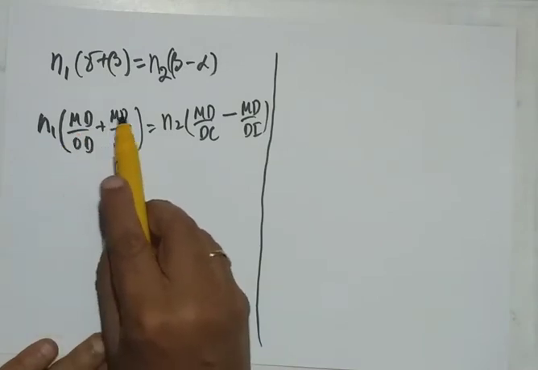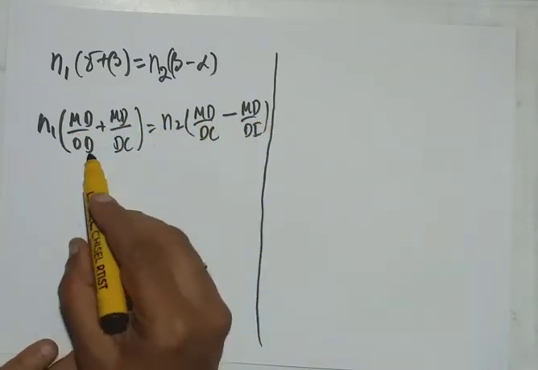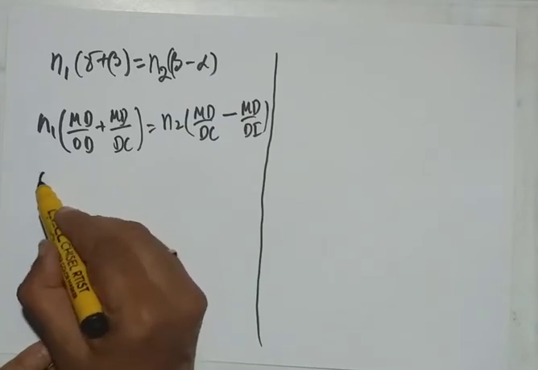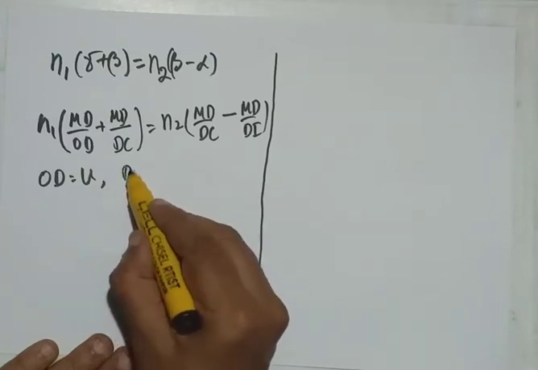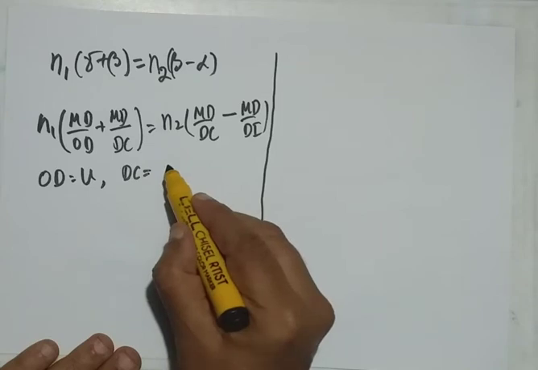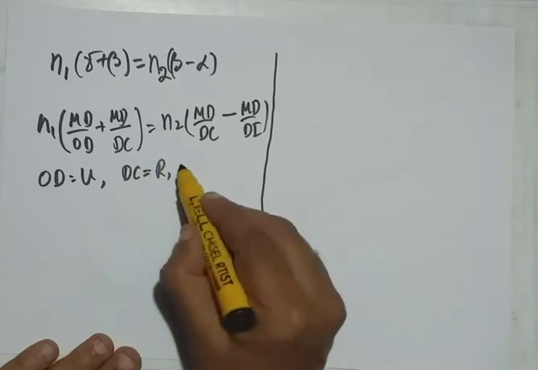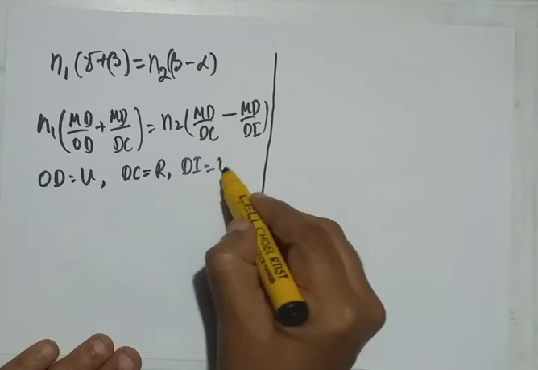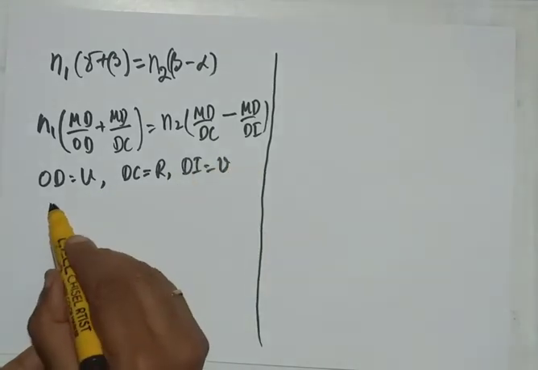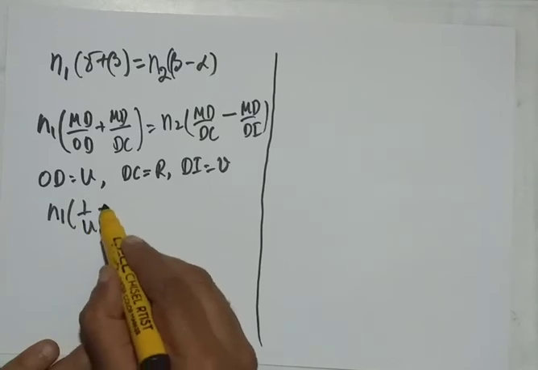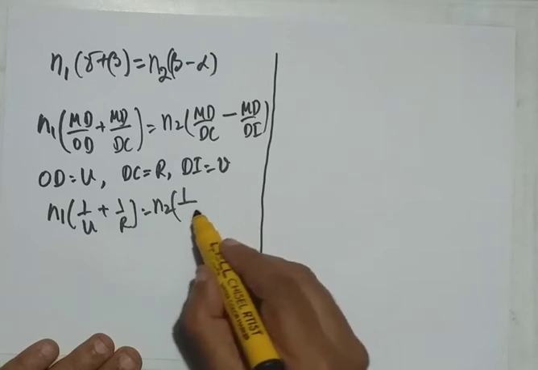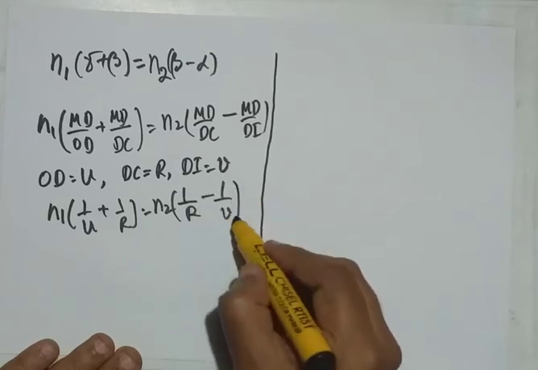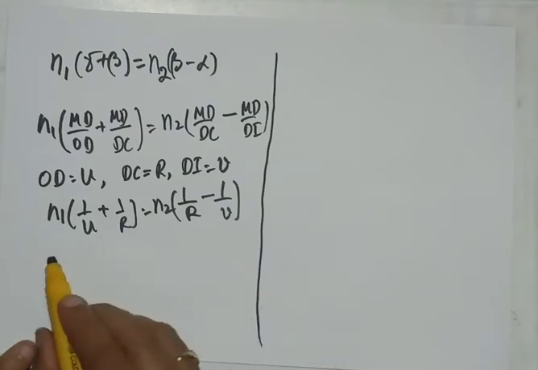Observe, MD is common and it goes out. And also from the figure, OD equals U, DC equals R, DI equals V. We substitute everything. So N1 into 1 by U plus 1 by R equals N2 into 1 by R minus 1 by V. We simplify this by multiplying N1 and N2 onto both sides.